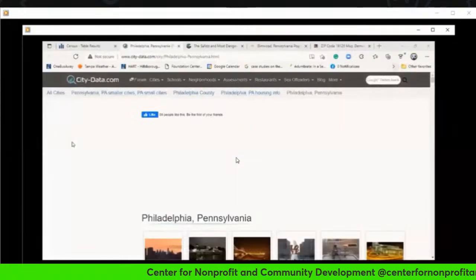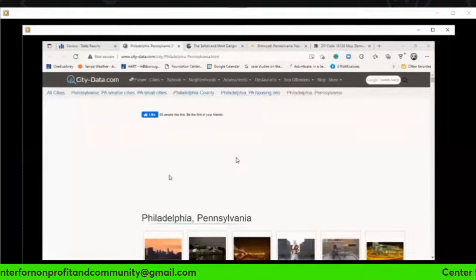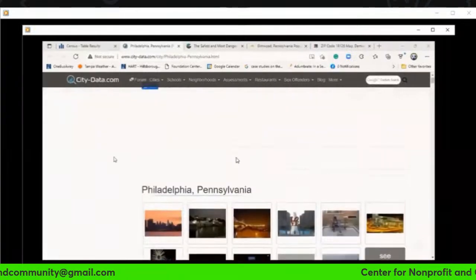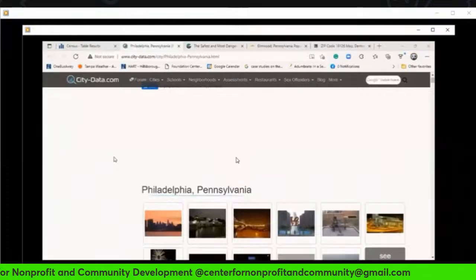Another site that you can go to get a treasure of information is city-data.com. Now, there are a couple of ways that you can tap into data points and data sets using this website. You can go by the state, as you can see, or by a city, Philadelphia, Pennsylvania.